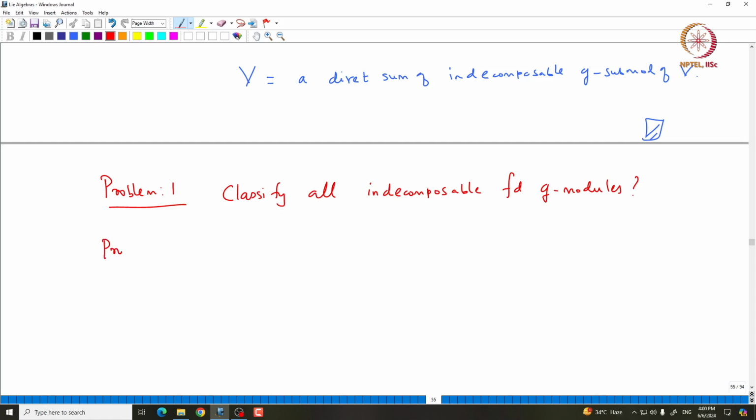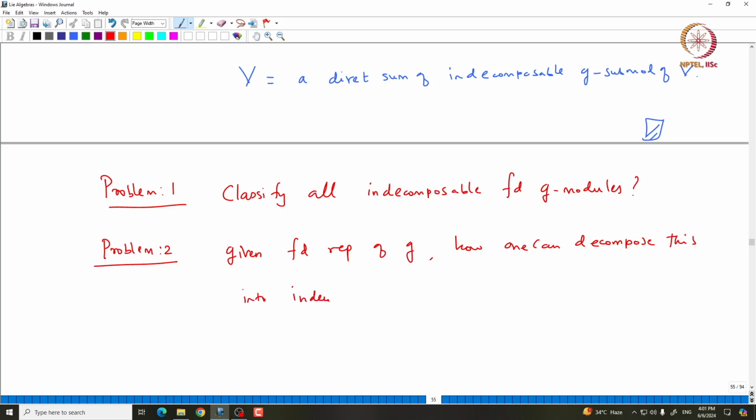So, what will be problem 2? Given a finite dimensional representation of G, how can one decompose it into indecomposable representations?